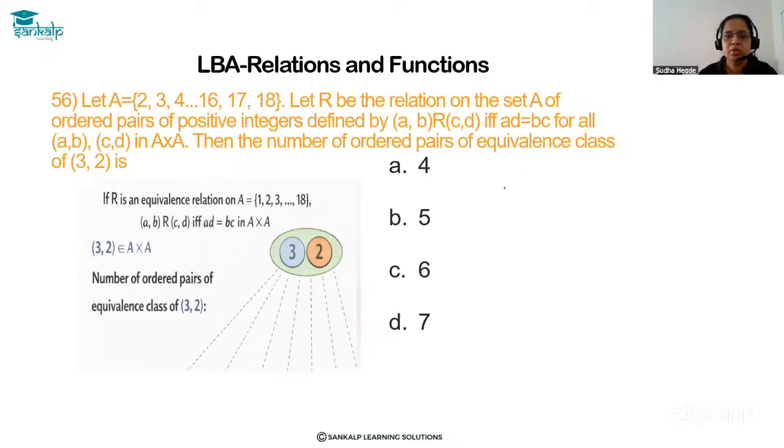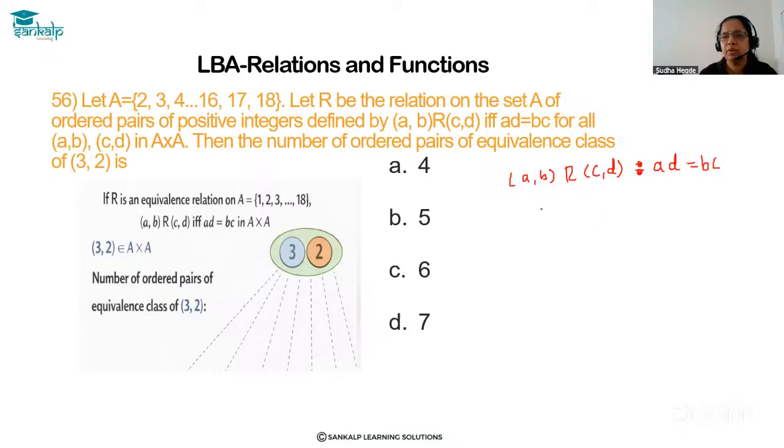Okay, so (a, b) R (c, d) means ad = bc. You take this symbol.